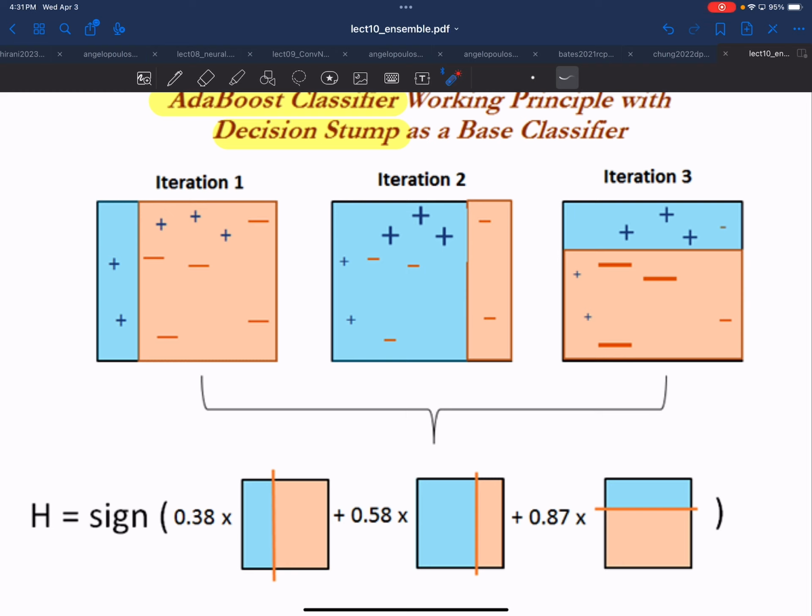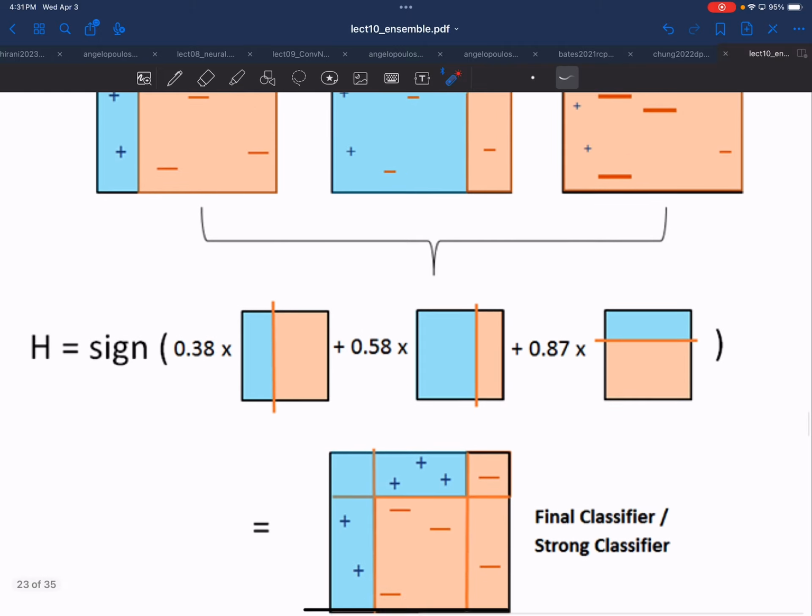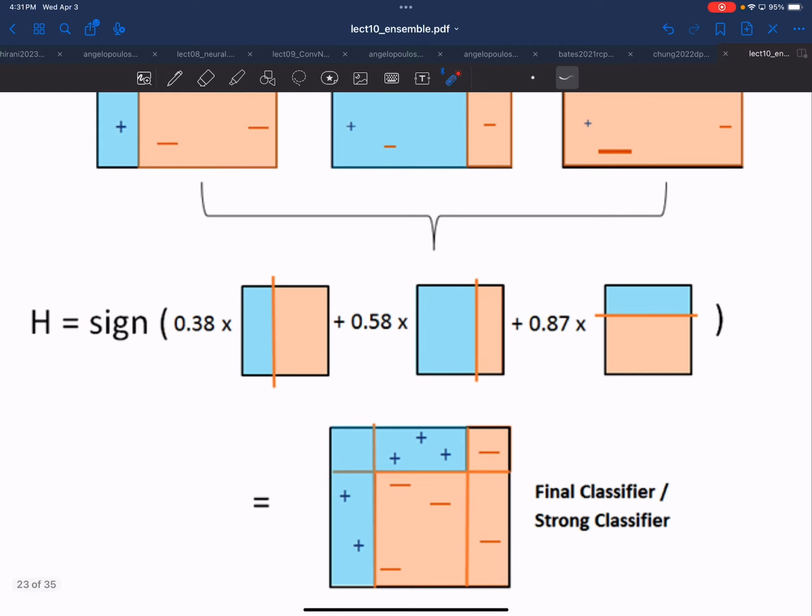But for the final boosted classifier, we're going to multiply each of these by some real numbers, and sum them up in a weighted combination, and then finally take the sign of that, just to get a hard output. If you wanted a soft output, I guess you don't need to take the sign. But basically, this is going to give us this final boosted classifier. And you can see it's perfectly classifying the training data.